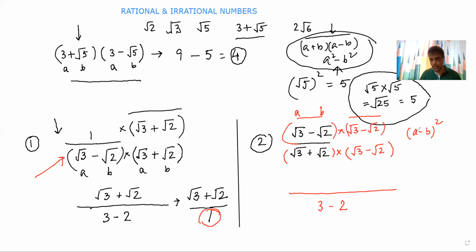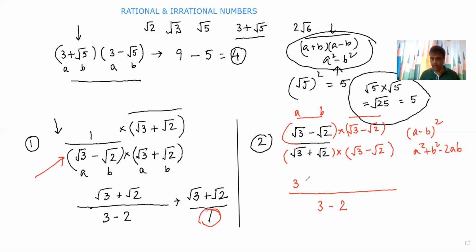A minus B into A minus B, which is A square plus B square minus 2AB. Very important to know the expansion formulas. Otherwise, you will struggle in many chapters. So know the basic expansion formulas. Now, what is A square? Let's do that. Root 3 square is 3.